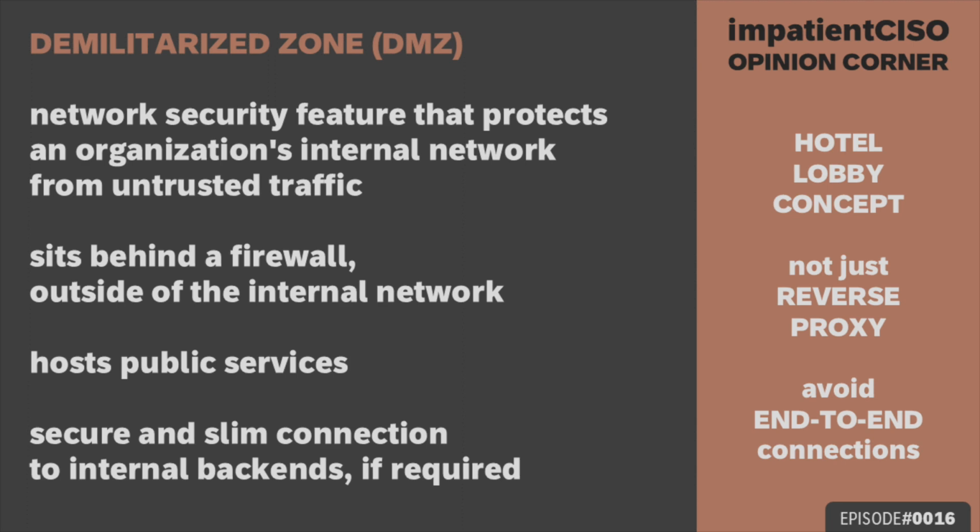The hotel lobby would be more describing this DMZ approach, because the lobby is a demilitarized zone. There are guests from the hotel, but also visitors and other people, so it's still an open area. It's still protected through the hotel door, there's a doorman that looks at the people, doesn't let everyone in, and also observes who is supposed to be there. But you cannot go up to the room.